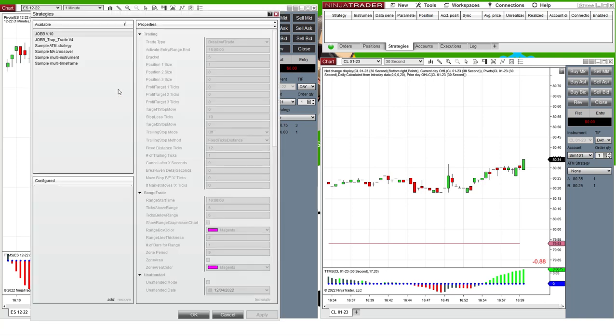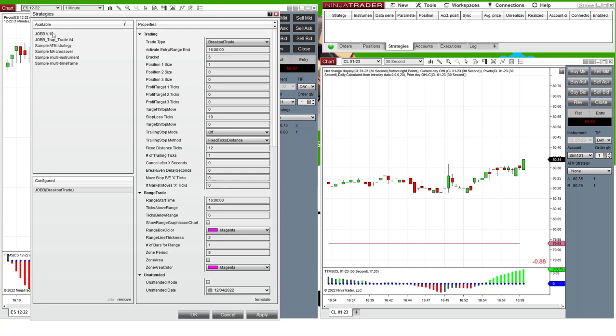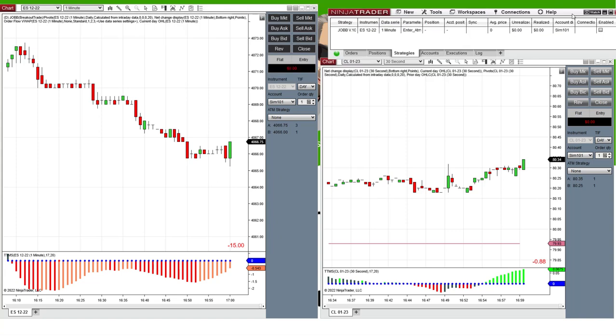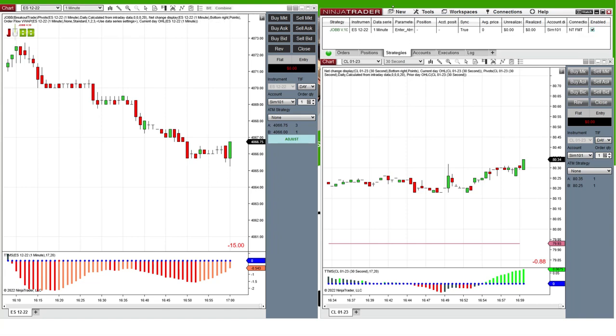Click on JOBB version 10 twice, and the default is breakout trade. Put in a target. You don't even have to do anything else. Just click on the strategy, go to apply, click OK, and then press the enable button in the control panel, and you'll get the logo. The logo tells you your software is active.